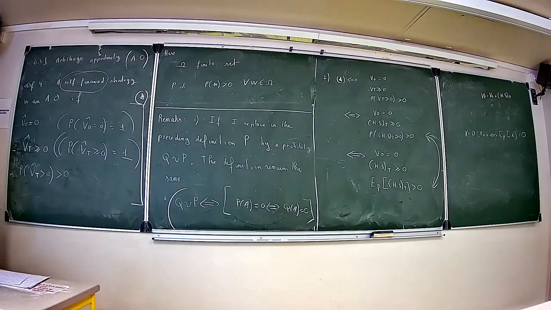So if I take for X an N(0,1), the Gaussian distribution with mean 0 and variance 1, the expectation is 0 but the random variable is not 0. Doesn't work. I have one side that is obvious: if I am 0, my expectation is 0, no problem with this side. But if my expectation is 0, a priori I am not necessarily equal to 0. Depends, sometimes, but not in general.